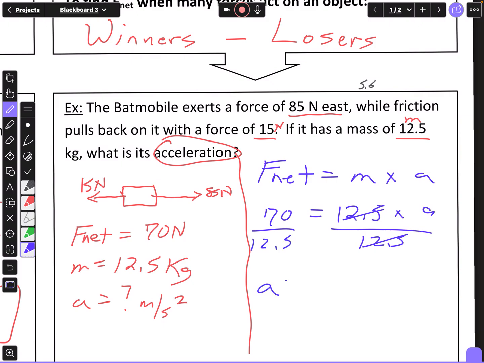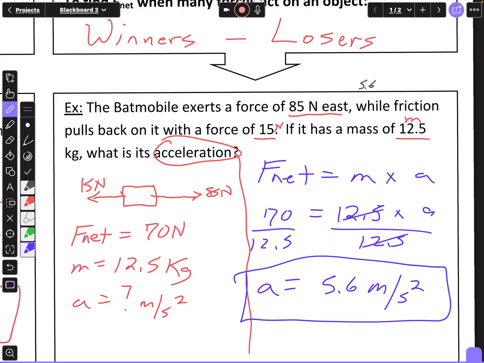So acceleration is going to equal 70 divided by 12.5. When you punch that into your calculator, you should get a number that rounds to one decimal place to 5.6, and then the units would be meters per second squared. And that's it to work these problems. It's simple, 3 variables in there, just like our earlier equation, FG equals mg, pretty simple algebra to solve for these.